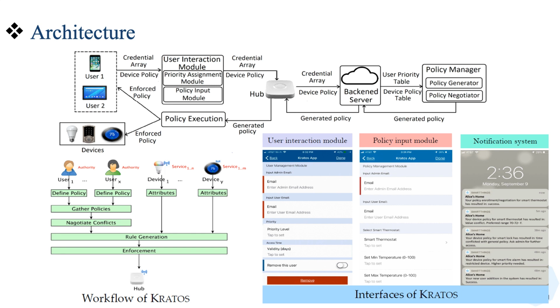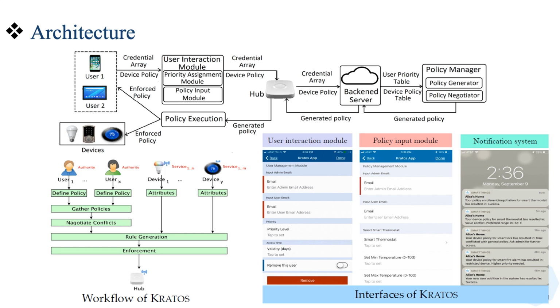The first step is to average it out: are you good with something around 75 to 78 degrees? If the users agree, the system sets it to that. But if they cannot come to a resolution, it sends a message to the higher priority person in the system to resolve the conflict. Through that communication, they can resolve the conflict.